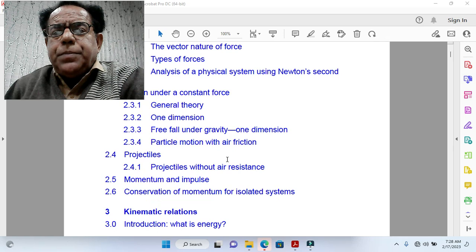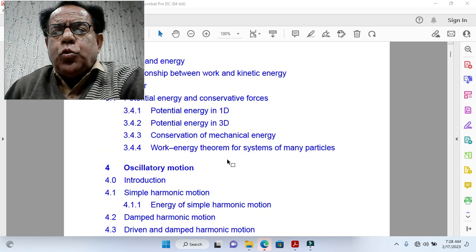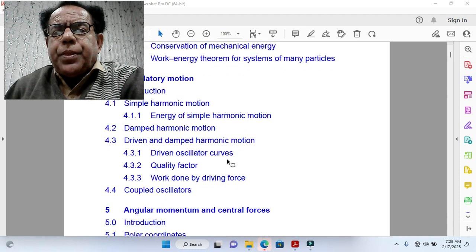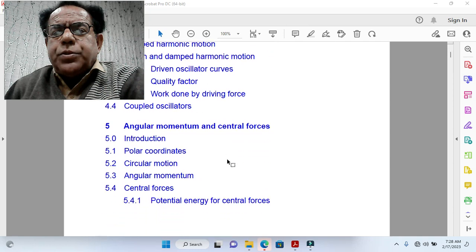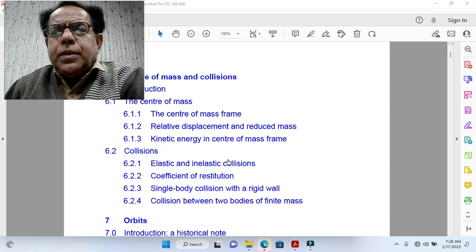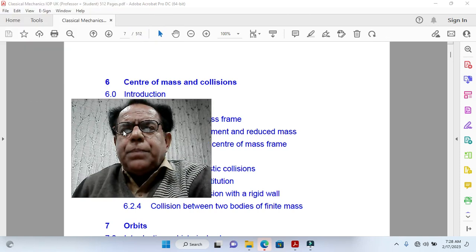Chapter number 3, kinematic relations. Chapter number 4, oscillatory motion. Chapter number 5, angular momentum and central forces. Chapter number 6, center of mass and collisions.